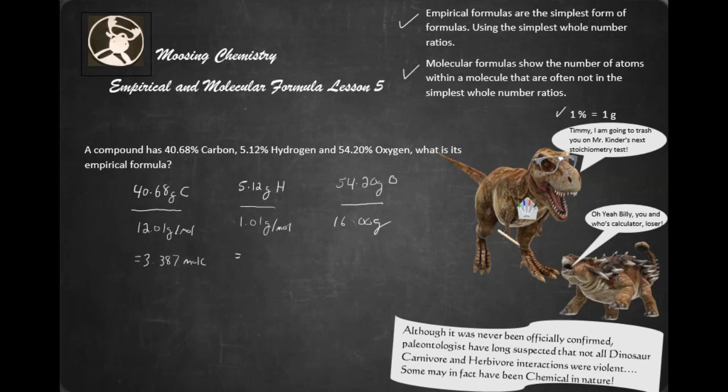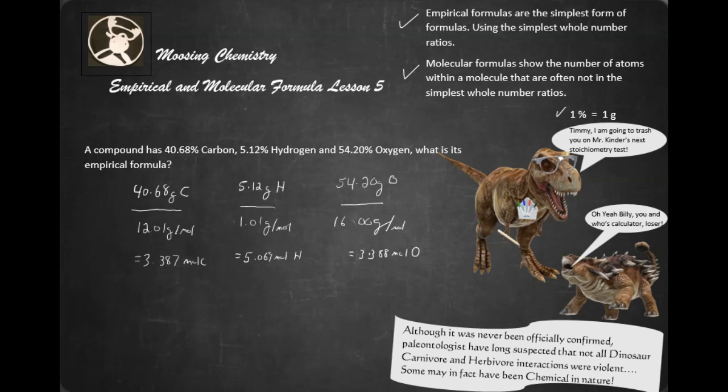It's going to equal 5.069 moles of hydrogen. And then we take 54.20 grams of oxygen divided by 16 grams per mole of oxygen, right? And that's going to give me approximately 3.388 moles of oxygen.